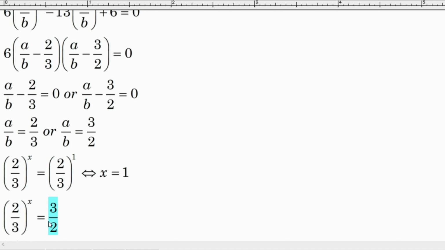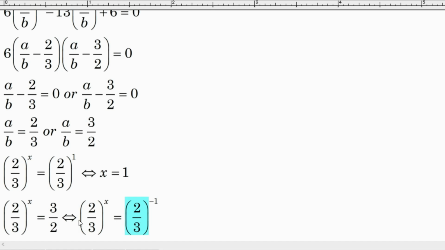But if we convert 3 over 2 to 2 over 3, it can be written as 2 over 3 to the power minus 1, because what we want is to have the same base.